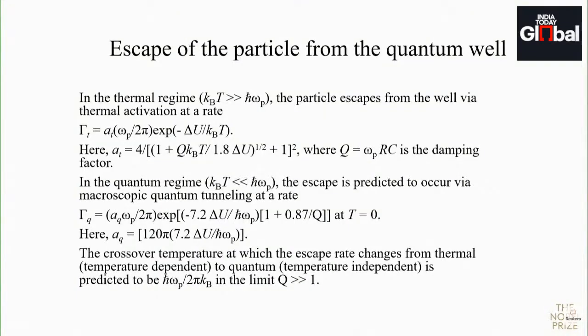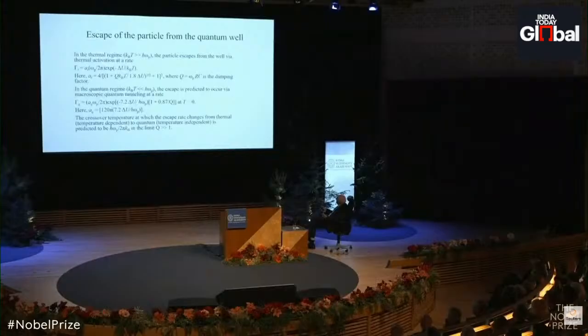Just to summarize a couple of things, in the thermal regime, meaning k Boltzmann T much greater than h bar omega plasma, the particle escapes from the well via what's called thermal activation. So it's a thermal process, and the equations are written here. On the other hand, in the quantum regime, k Boltzmann T much less than h bar omega plasma, the escape is predicted to occur via macroscopic quantum tunneling at a rate that, again, we calculated.